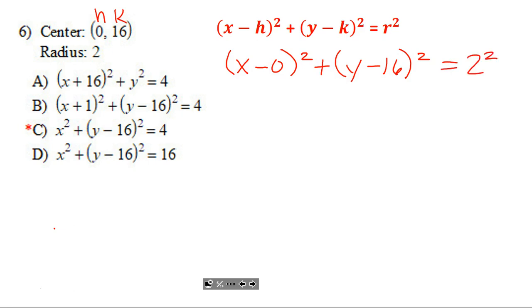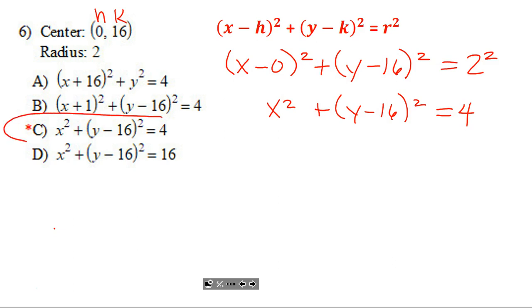So if we simplify this, x minus 0 is just x, so this is x squared, plus y minus 16 squared, and then we're just going to simplify the 2 squared, which is 4. And that one looks like C right there.